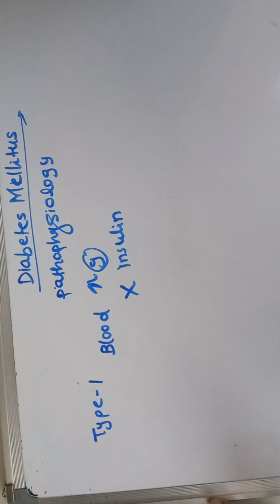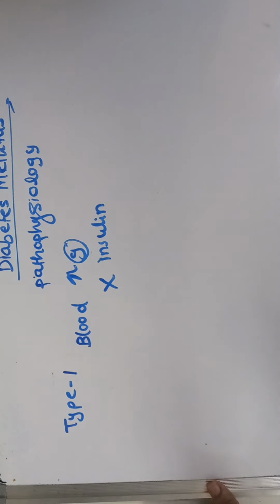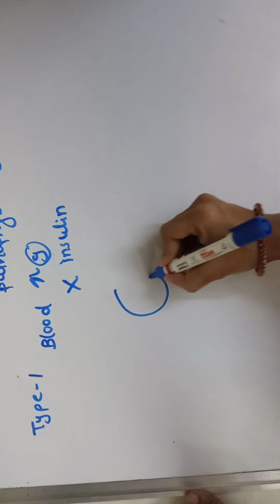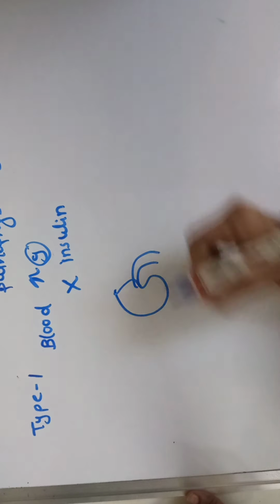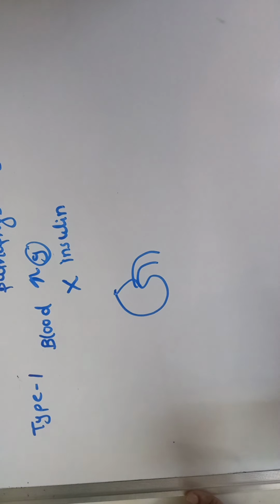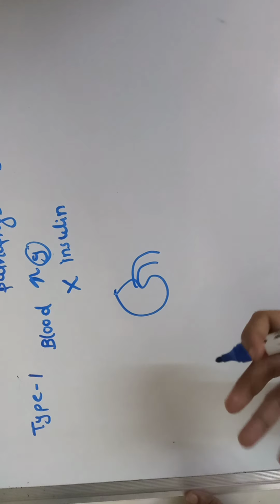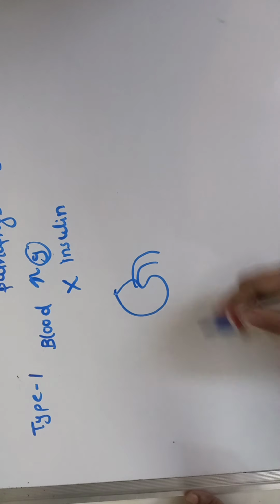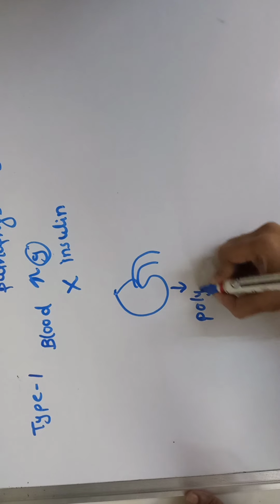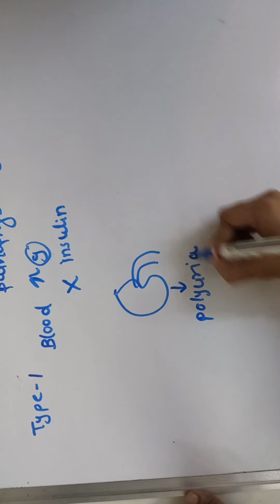What will happen next in our body in such a condition? First, our kidneys become loaded with the high glucose concentration because they try to reabsorb more glucose. But as they cannot, they put all the glucose in your urine. Because of that, polyuria occurs.